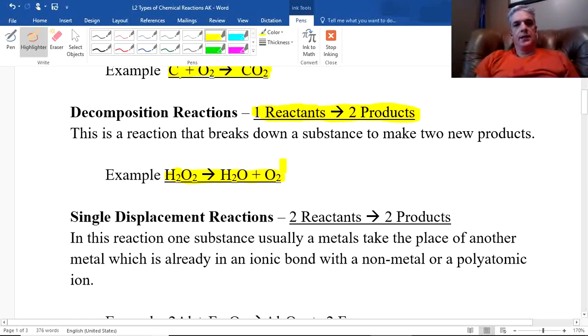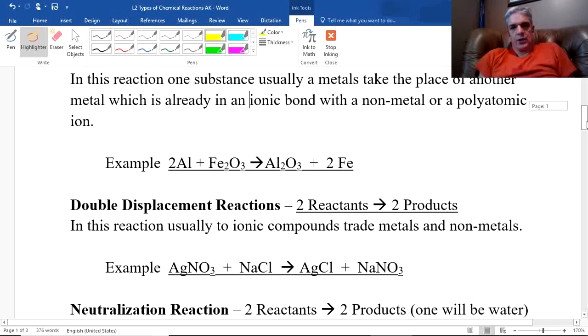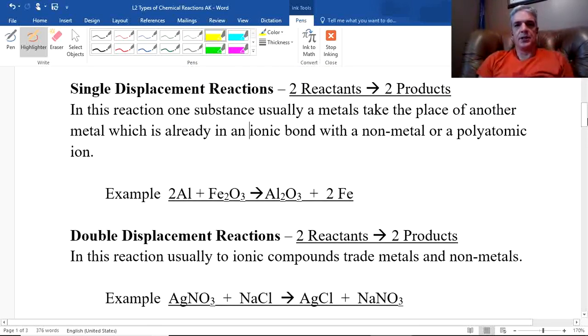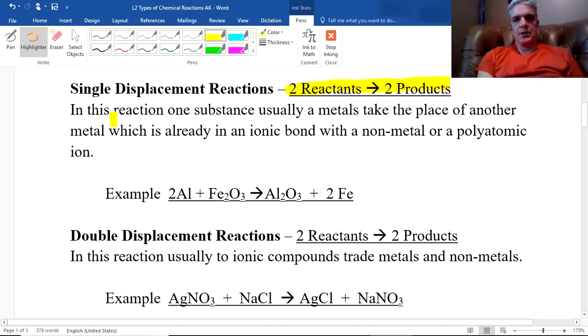And in a single displacement, which is the next one, this gets a little trickier. Now we're going to start to see 2 reactants and 2 products, okay? And I'm going to go over this again and explain things, okay? In this reaction, one substance, usually a metal, takes the place of another metal which is already in an ionic bond with a non-metal or polyatomic ion, okay?